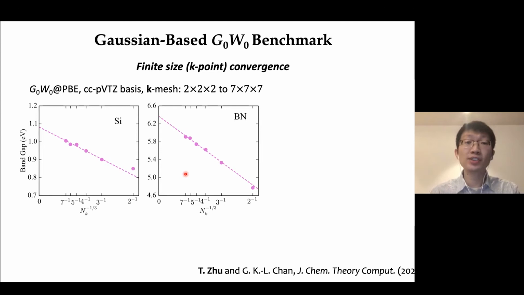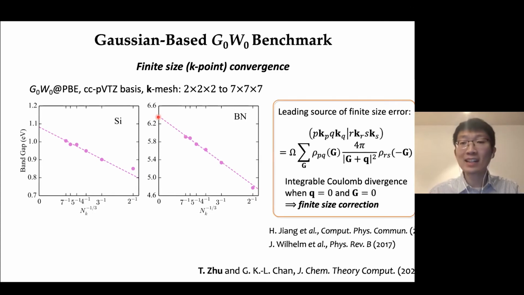And as you can see here, by increasing the K-mesh from 2 by 2 by 2 to 7 by 7 by 7, the difference in estimated GW band gap is huge. And even at 7 by 7 by 7, it's still quite far away from the extrapolated GW band gap, which is regarded as the thermodynamic limit.